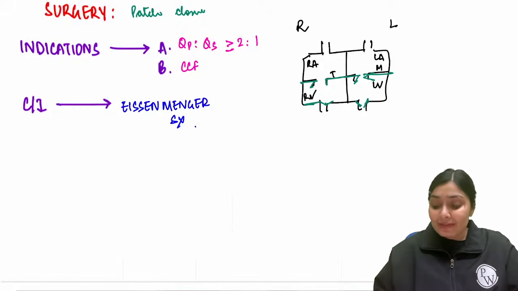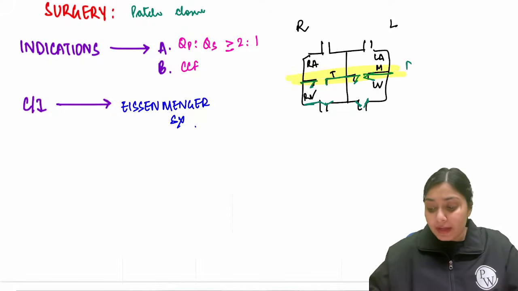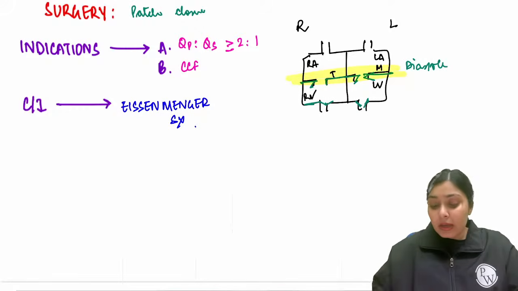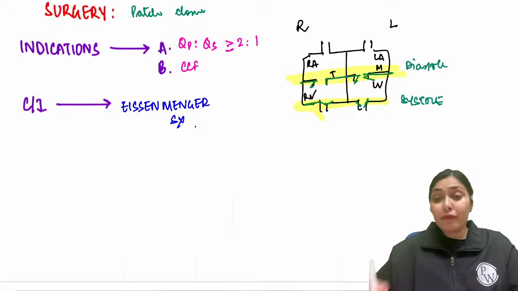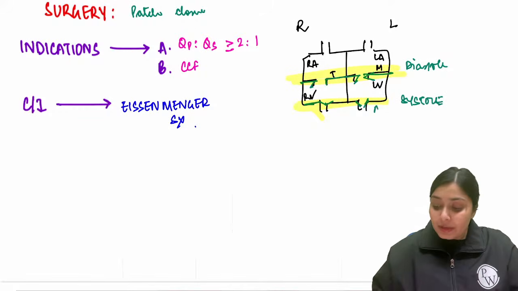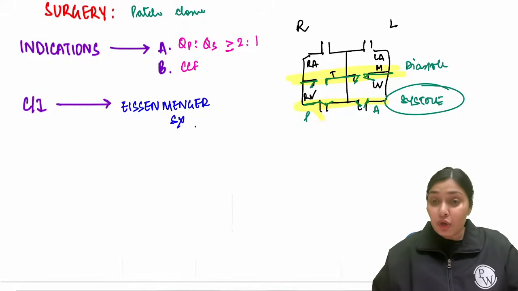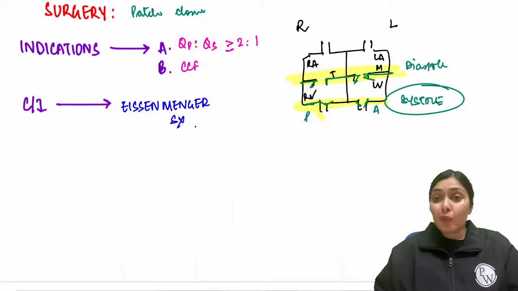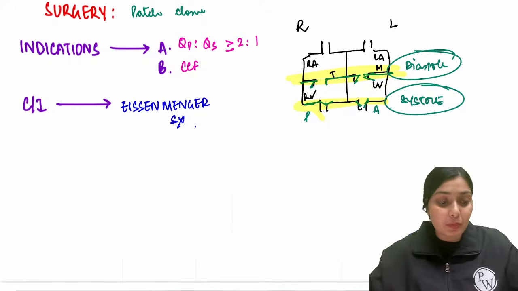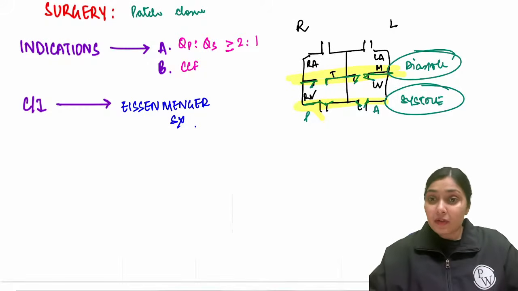The mitral and tricuspid valves open at the time of diastole, and these open at the time of systole. So if flow is increased at the aortic area or the pulmonary area, I will appreciate a systolic murmur. On the other hand, if flow is increased over the mitral and tricuspid area, I will appreciate a diastolic murmur. As simple as that, right?